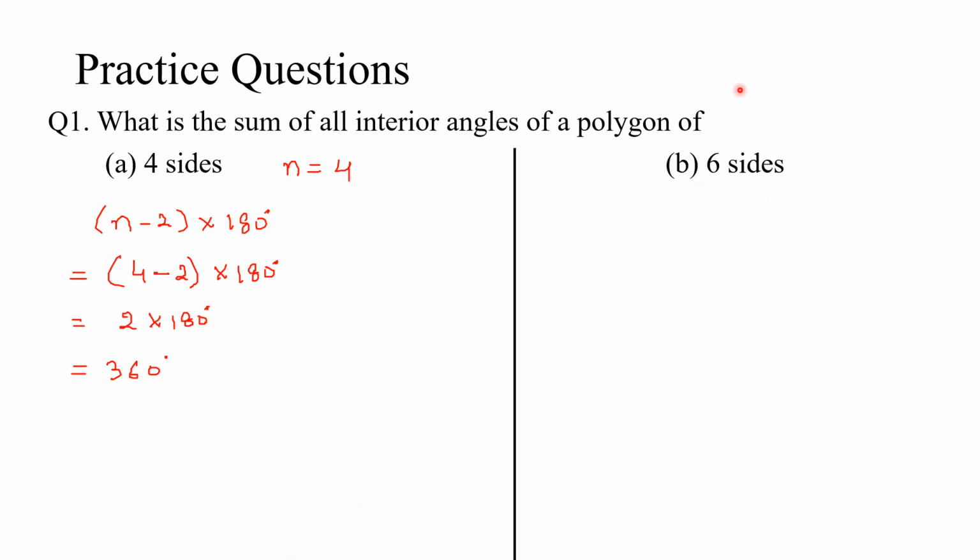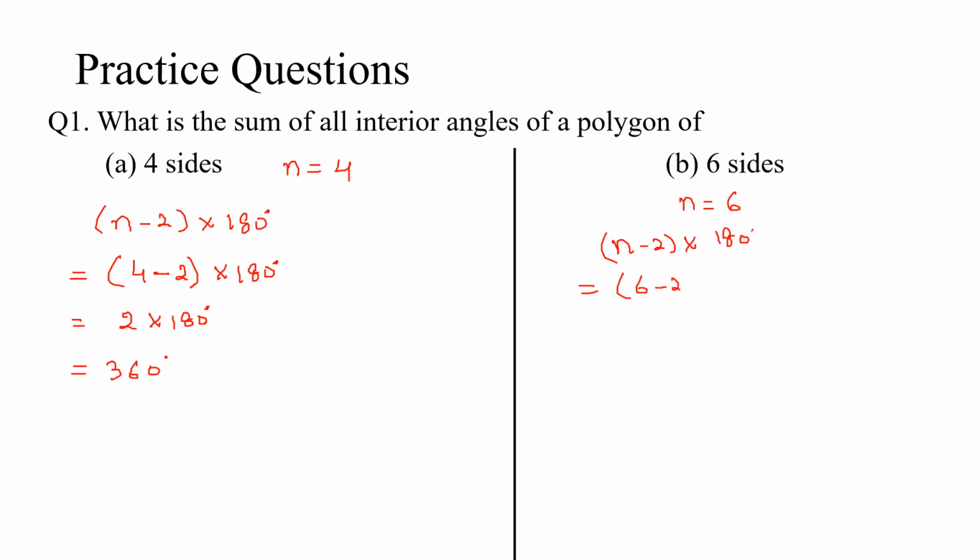Now in the same way we will see, if the number of sides is 6, then what will be the sum of the interior angles? So again we are going to use the same formula, (n minus 2) into 180 degrees, and in this case the value of n is 6. So just substitute n as 6.